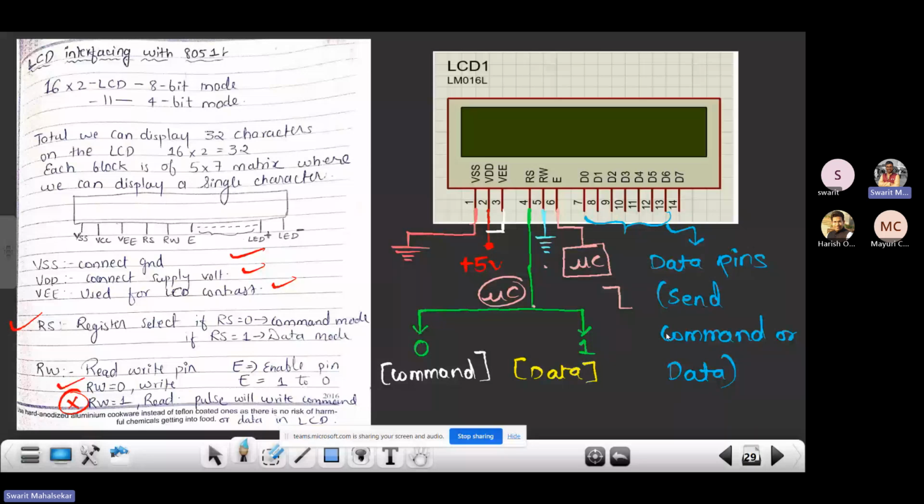We are going to connect this to the respective power supplies, that is ground and positive. We are going to connect this particular pin, that is RS, to the microcontroller. If the microcontroller sends 0, that means our microcontroller is sending a command to this particular LCD, and that particular command would be sent by these particular pins. And for sending that, your enable pin should move from 1 to 0.